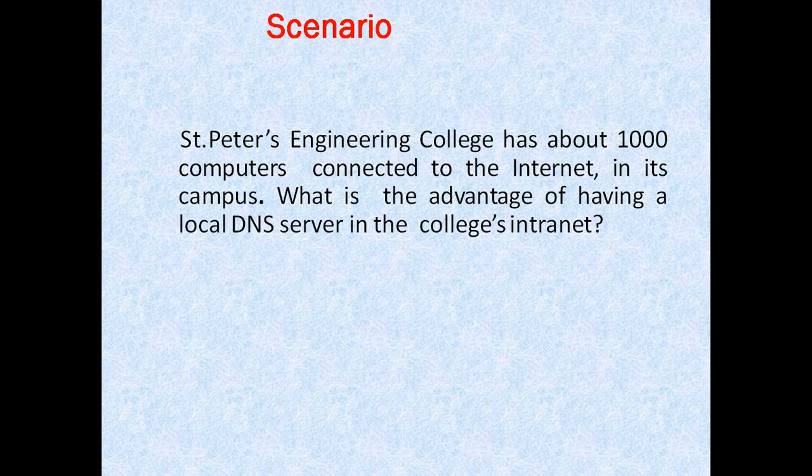Let us consider a scenario where St. Peter's Engineering College has about 1,000 computers connected to the internet in its campus. Now what is the advantage of having a local DNS server in the college intranet? This local DNS server contains a list of domain names and their IP addresses which the users in the organization regularly access.